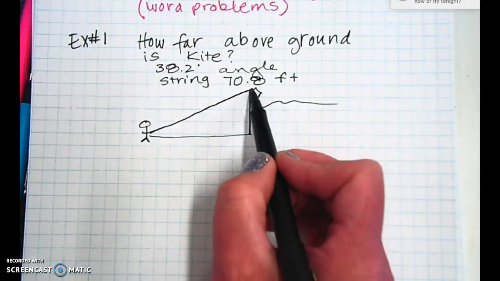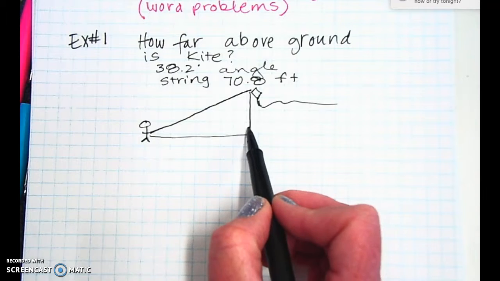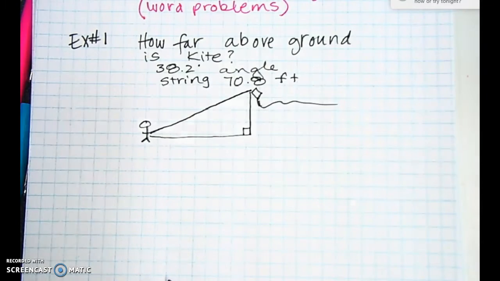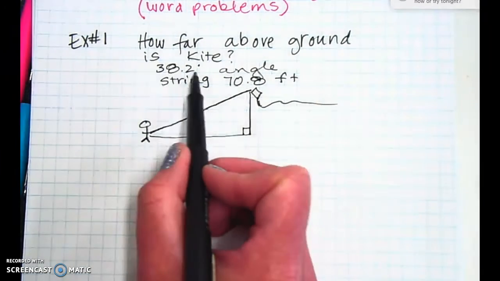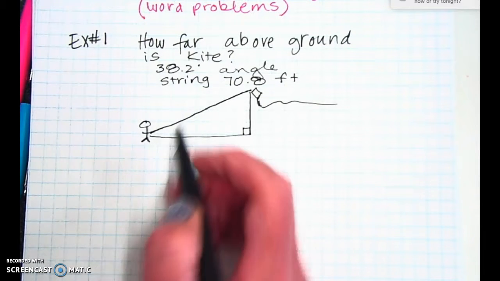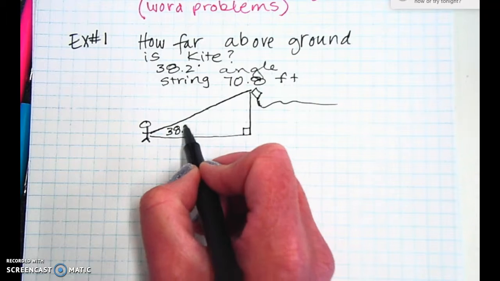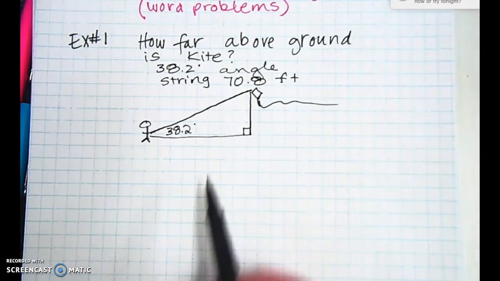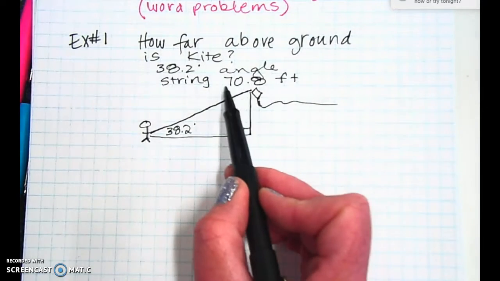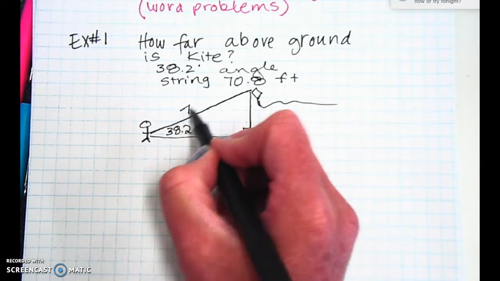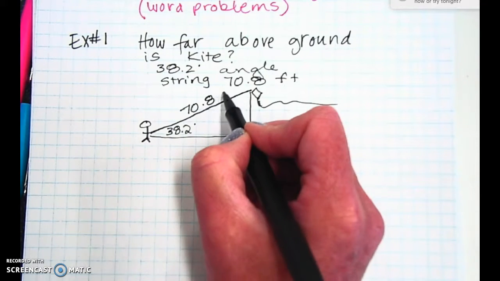If you go straight down from the kite, that's where your 90-degree angle's at. And then this acute angle right here from the person up to the kite is 38.2 degrees. And the string is 70.8 feet.